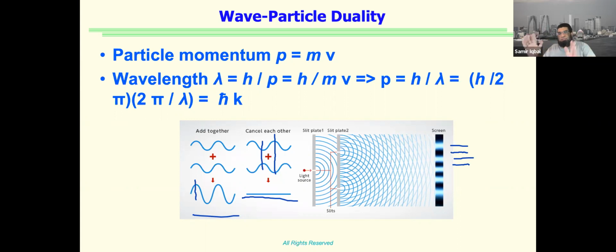Now, having established that, remember that whenever we talk about electrons, we will be using them a lot of times in the frequency domain, but we will be treating them as particles. And that comes from this understanding, what we call wave particle duality.